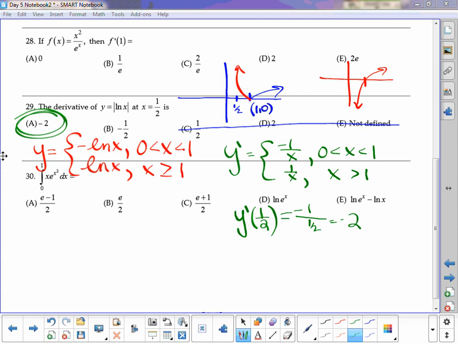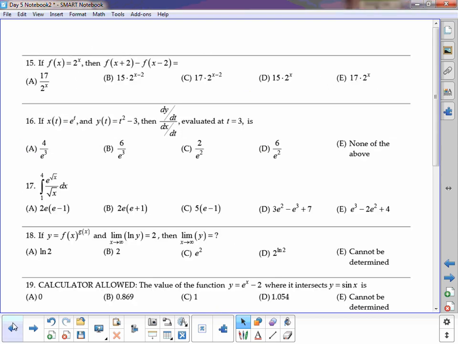15 looks like it's next. Ah, yes, 15. The first part, not so bad. The algebraic manipulation, a little rough. Okay, we're going to need some more room here.